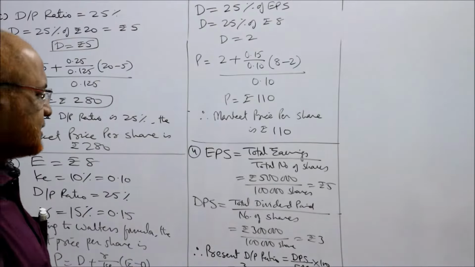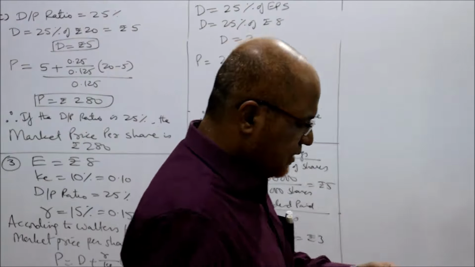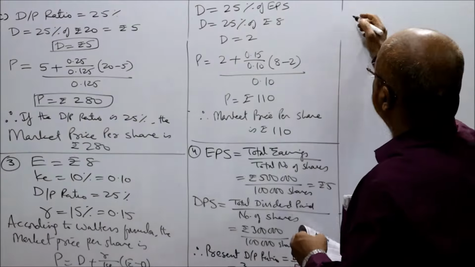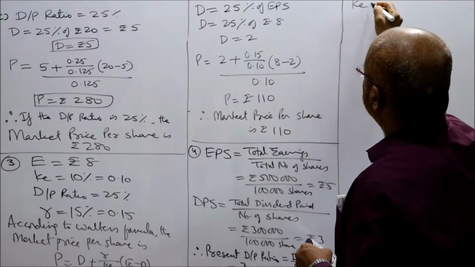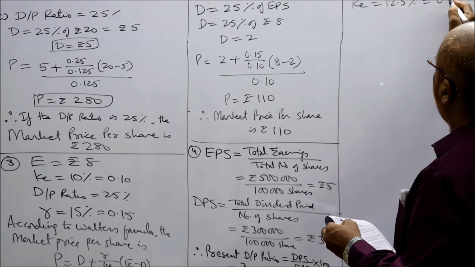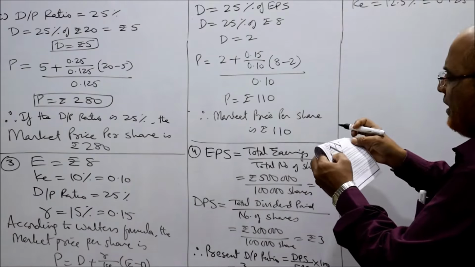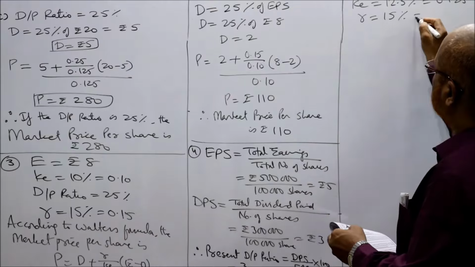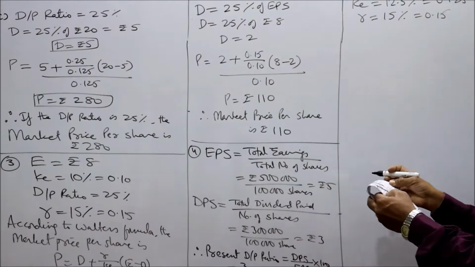It comes to 60% present DP ratio. Now cost of capital KE is 12.5%, 0.125, and rate of return on investment R is equal to 15%, 0.15.